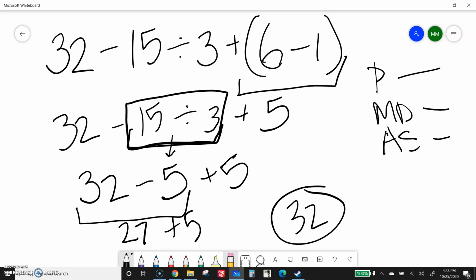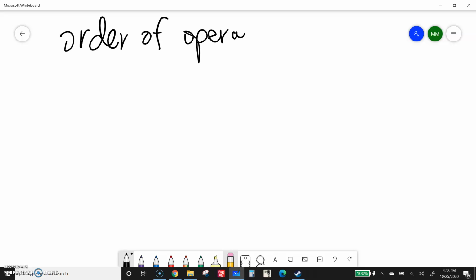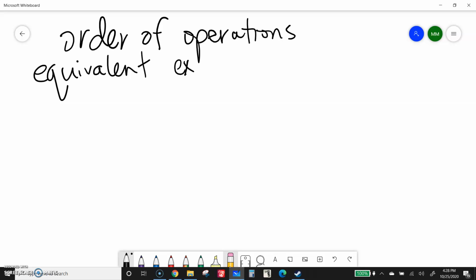Notice how I don't put any equal signs because I'm just figuring out an equivalent expression each time. We're simplifying the expression, or we're finding an equivalent expression. We're using the order of operations to do that, to get an equivalent expression, an expression that's worth the same amount.